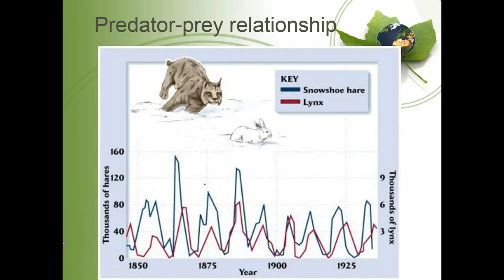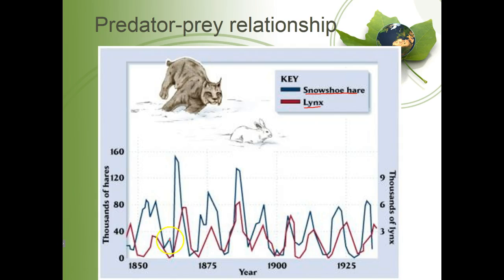So if we look at predator-prey relationships, this is the most iconic predator-prey relationship you'll ever probably study in biology. If we follow the population growth of a snowshoe hare population and a lynx population, you get a graph that looks like this.